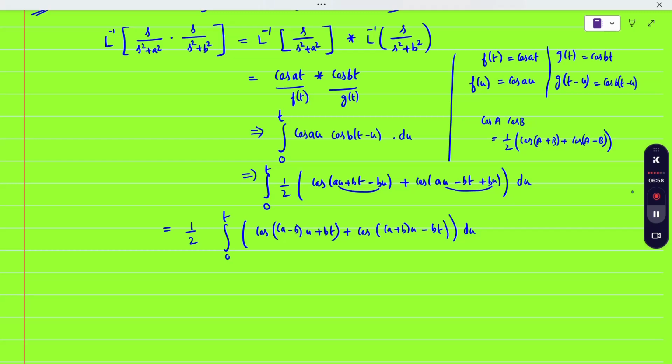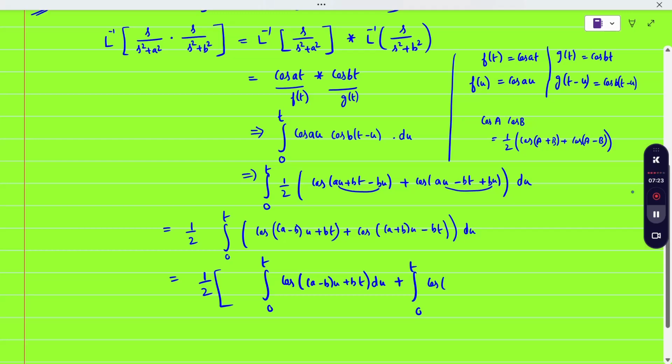That is what I am going to do. So separate it: integral 0 to t cos of (a minus b)u plus bt du, one term, plus integral 0 to t cos of (a plus b)u minus bt du, another term.